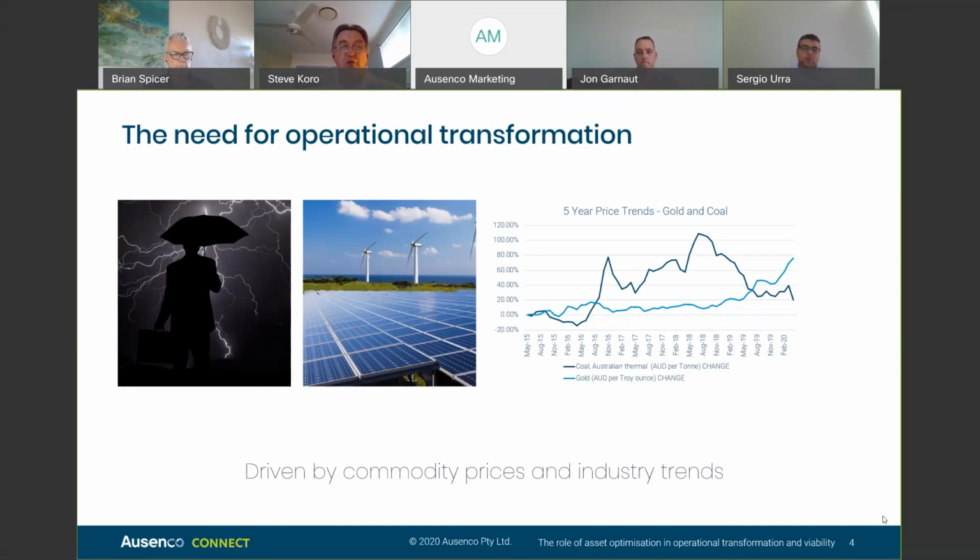And the major question is, when is the best time to optimize? When times are good, being proactive, or when the need arises, being reactive? Things to consider. So next slide, please, Jane.